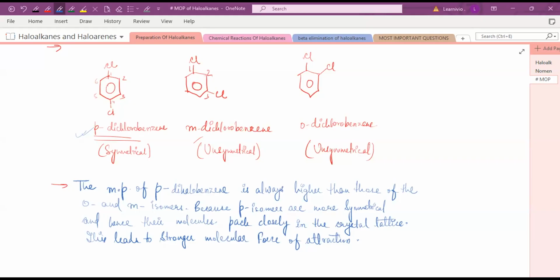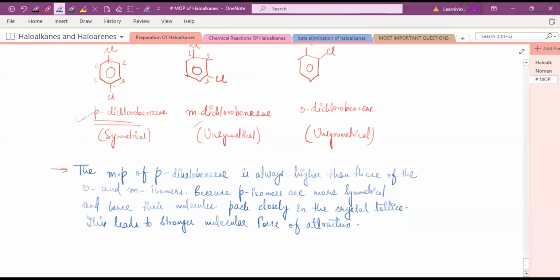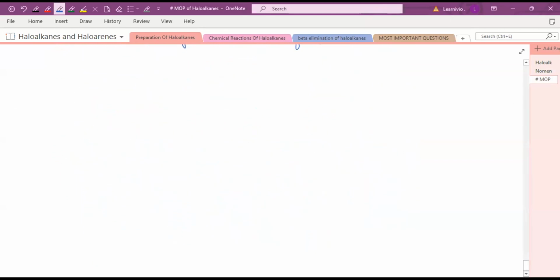Okay, let's talk about the solubility of haloalkanes. The next physical property is solubility.